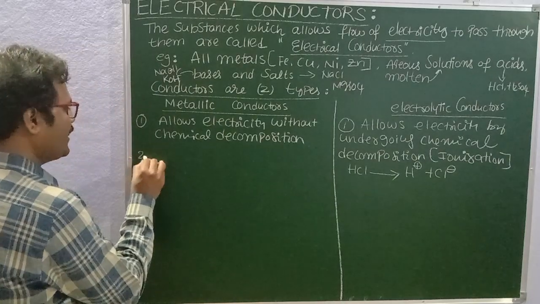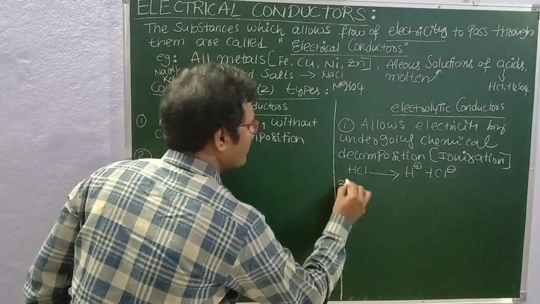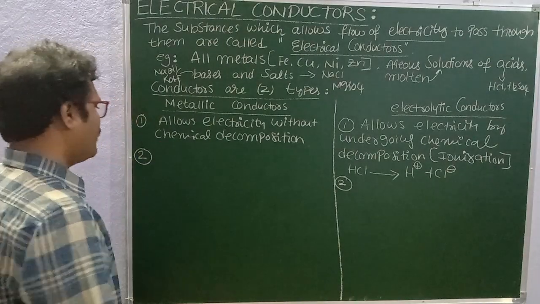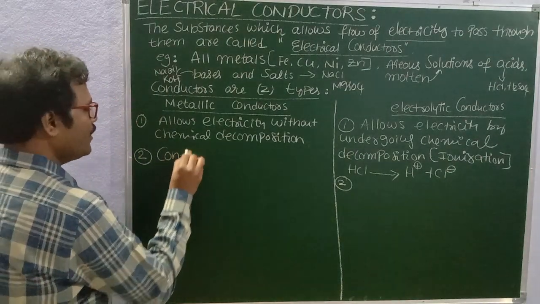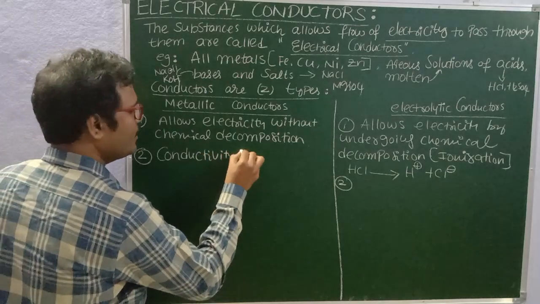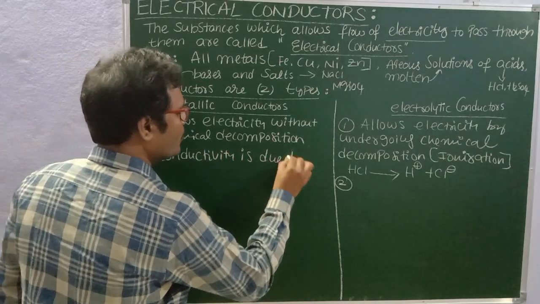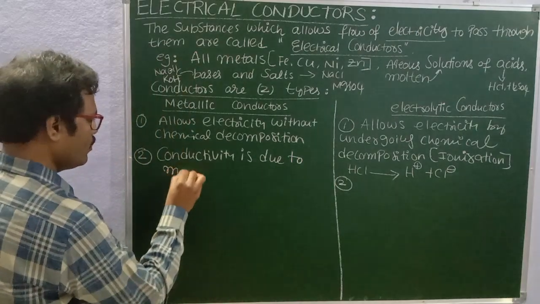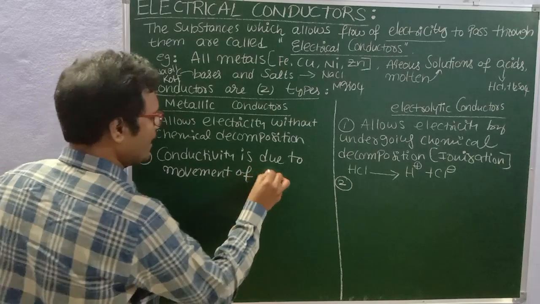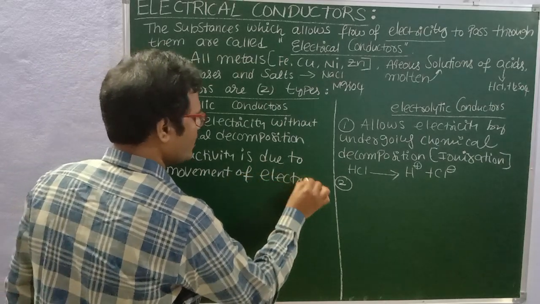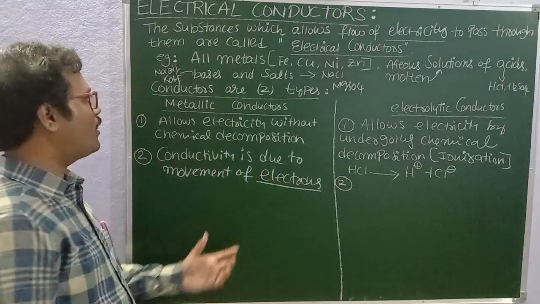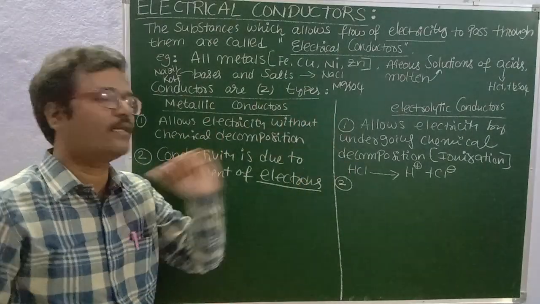Then the second point: in metallic conductors, the conductivity is due to movement of electrons. Right? The electrons are responsible for conduction in metallic conductors.